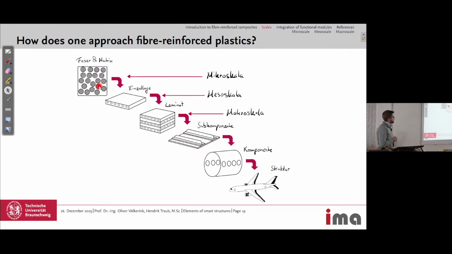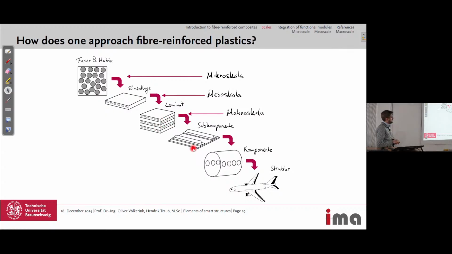So how do we approach fiber reinforced plastics? We have this microscale. Unfortunately, it's German again on the slides, but I will walk you through. On the microscale, we look at fiber and matrix and also the interaction, then on the mesoscale we have the single ply. From this, laminates are made.